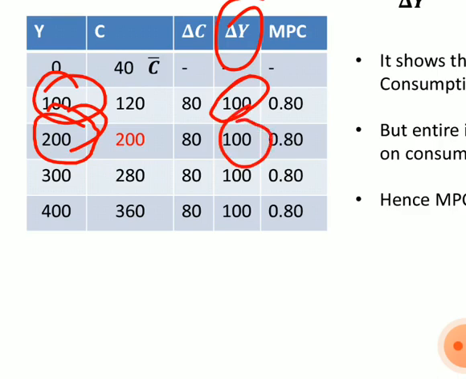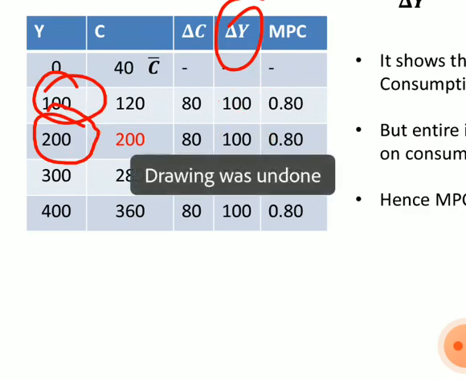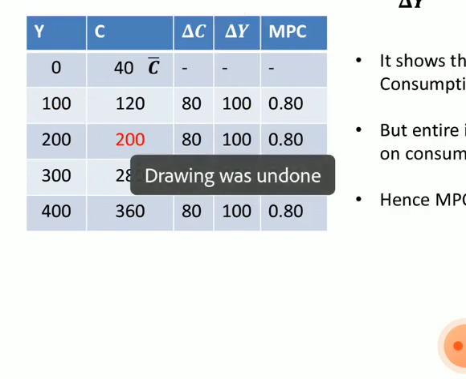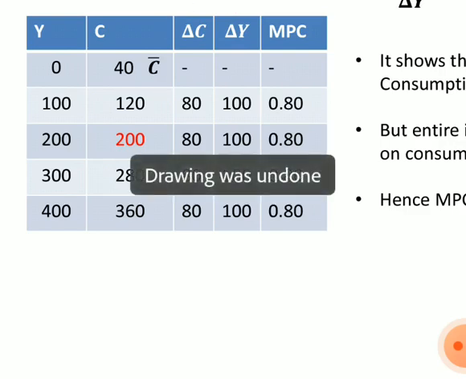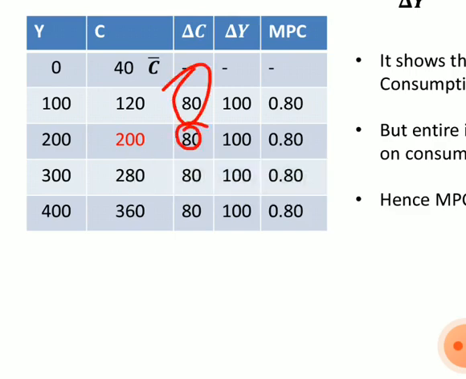So we find delta Y and delta C, then we divide. The procedure is the same. In APC we were doing C upon Y; here we write delta C upon delta Y. So the method is the same: 80 upon 100, then 80 upon 100.